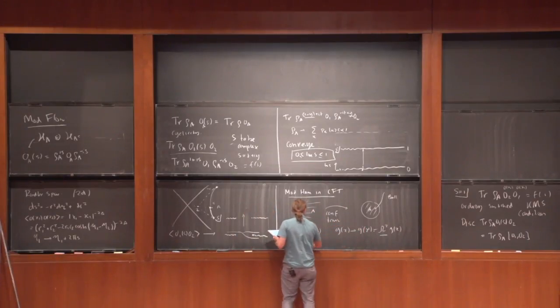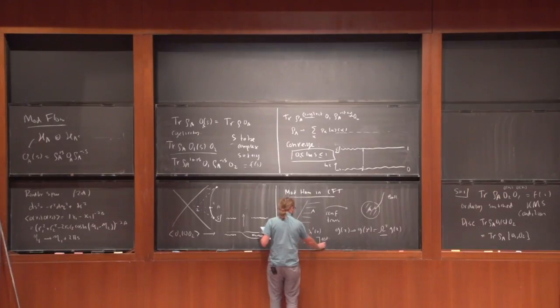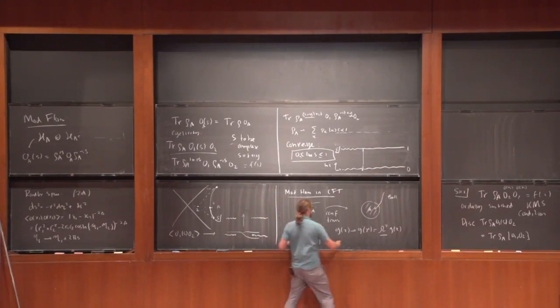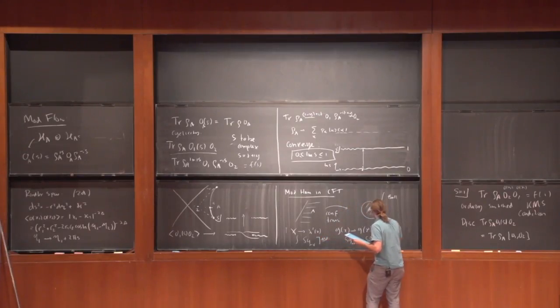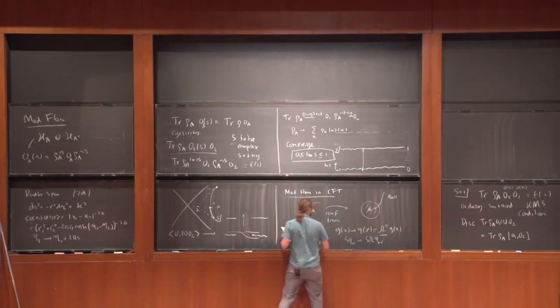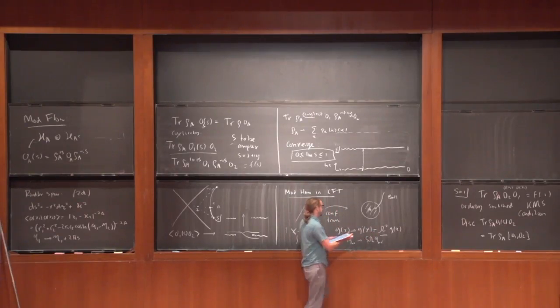And in a CFT, the reason that we don't really care about these overall scaling factors is because the response to changing the metric in a quantum field theory is that it couples to the stress tensor. But if I change the metric by something that depends on the metric itself, so this overall scaling, then I just get the trace of the stress tensor.